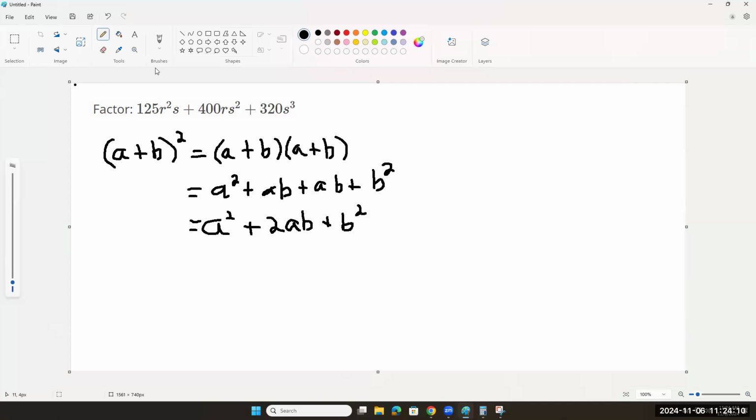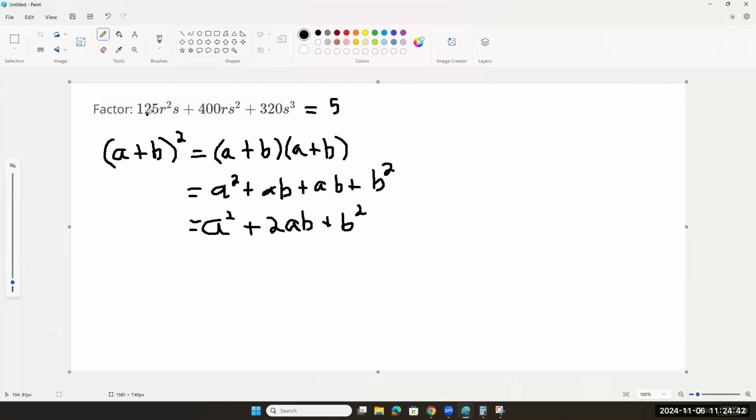So what we want to do when we get something like this is try to figure out if there's something that we can factor out of the entire thing. I know that each of these is divisible by 5. And so let's start by factoring out a 5.